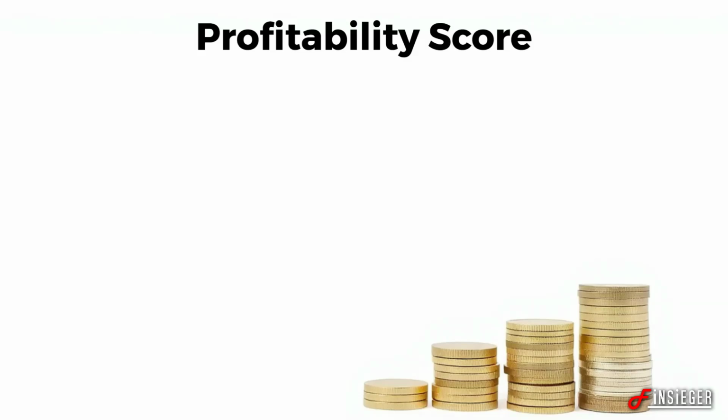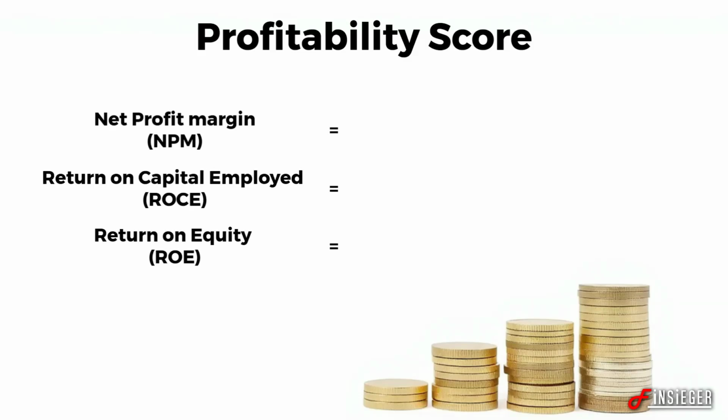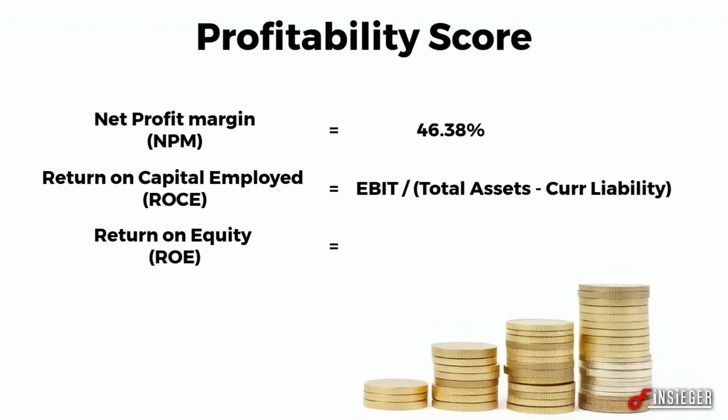For profitability score, we will be looking at NPM, ROCE, and ROE to see the efficiency of the company to generate profits out of current available capital and assets. So net profit margin is final profit divided by revenue. In case of ITC, it is 46.38% this year. Return on capital employed is calculated by profit before interest and taxes divided by total assets minus short-term liability.